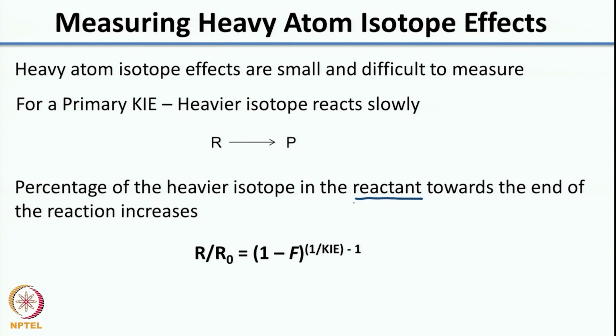So, what has been done is that there is this expression which is used to determine the kinetic isotope effect. So, in this expression R and R0 correspond to the percentage of heavier isotope at time 0 and this is the percentage of heavier isotope at any given time.